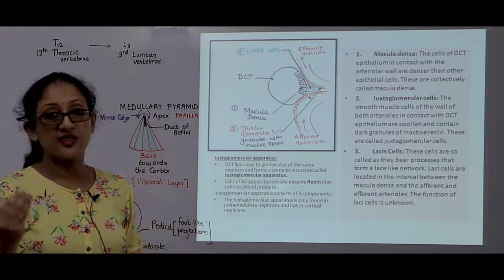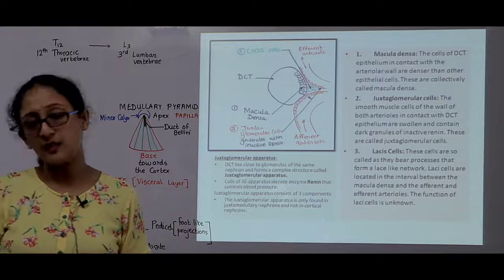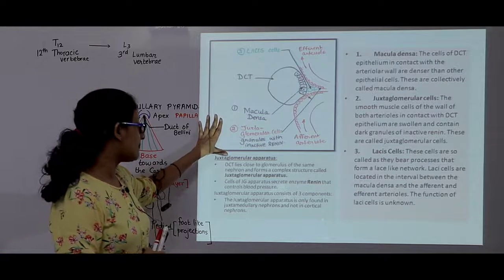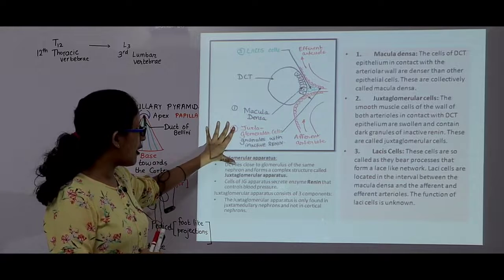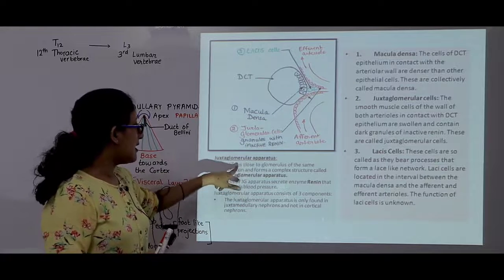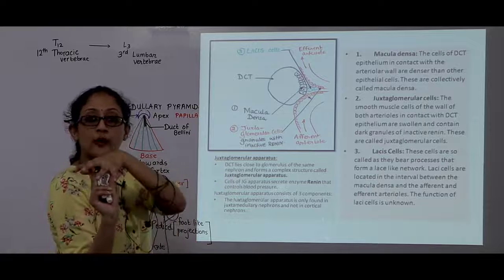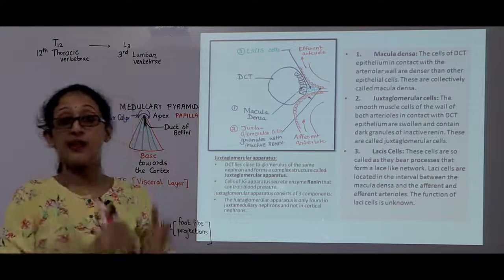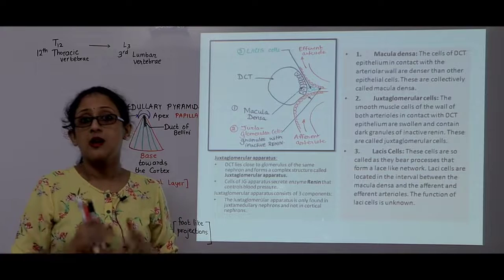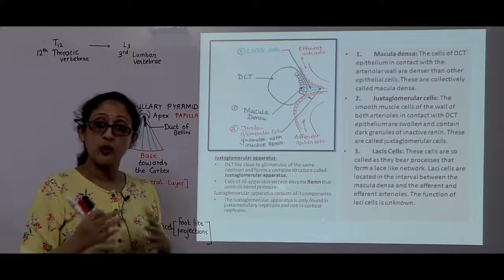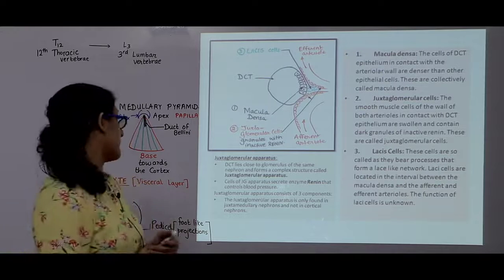So what is the juxtaglomerular apparatus for? The juxtaglomerular apparatus is made up of the DCT and the glomerulus of the same nephron. They produce the hormone or enzyme called renin, which also controls urination.